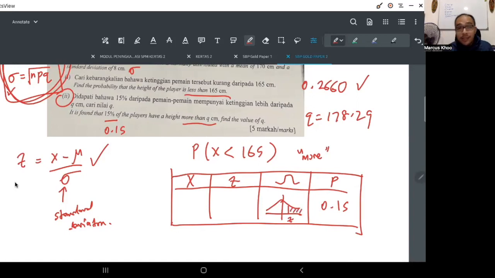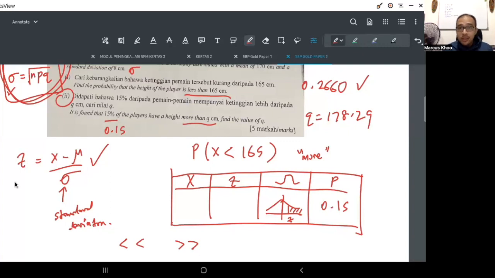Because the probability is less than 0.5 and the question is asking for more, it's on the right side, the positive value. Only if they are in the same direction, I think, if both are less or both are more, then it is negative value. But if they are opposite, it's always positive value. I think so. Am I right? Yeah, it sounds right. But this is the reverse method.